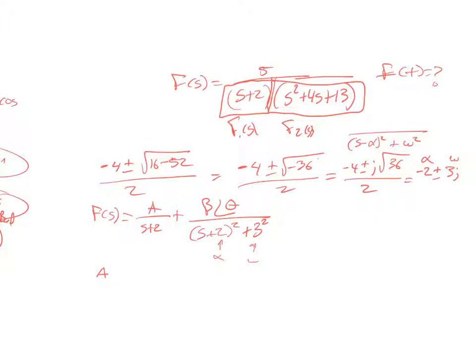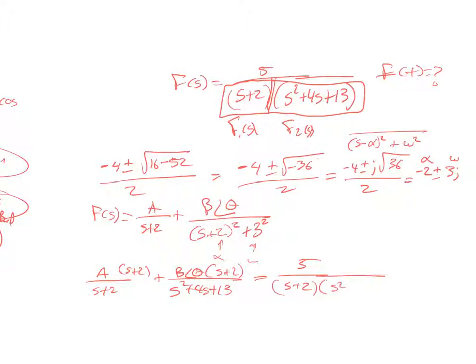Write it out? So a over s plus 2. Remember, I have to multiply both sides by whatever is under the a term. That's s plus 2. Plus b at an angle of theta over, and I'm just going to write this out the whole way, and you'll see why it doesn't matter. S plus 2 equals 5 over s plus 2 times s squared plus 4s plus 13.